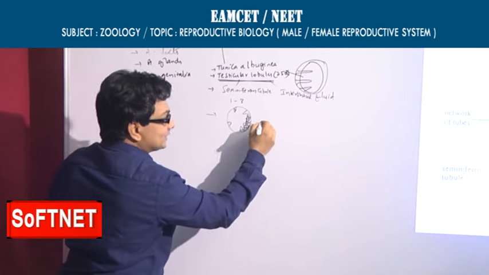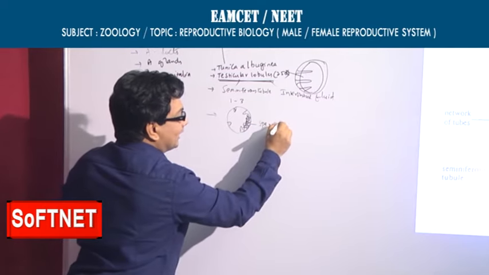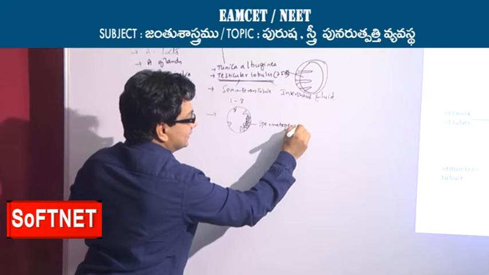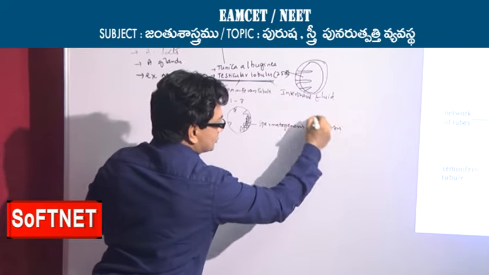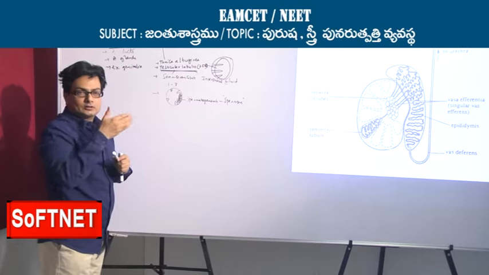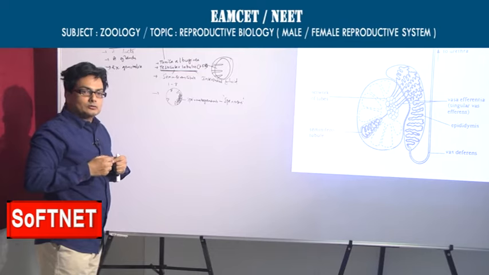The germinal epithelial cells, the germ cells, perform a process called spermatogenesis to produce the male gametes, which are called sperms. The various stages or events in spermatogenesis we will discuss in the topic called gametogenesis.